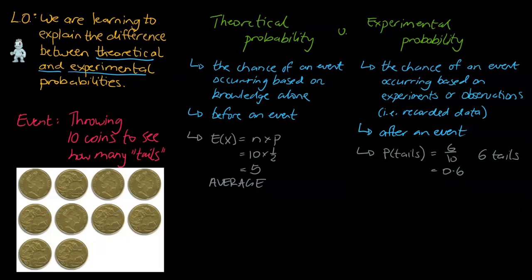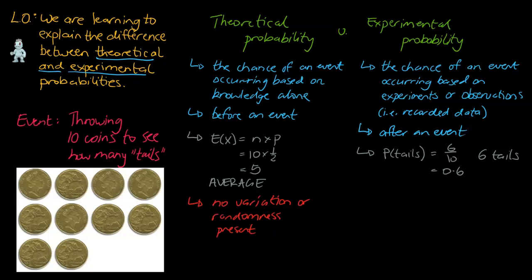Getting to the key part of this video. When you perform a theoretical probability calculation, there is no variation or randomness present. That's a fairly unrealistic view, because in the real world there is always going to be randomness, a little bit of variation from what you're going to expect.